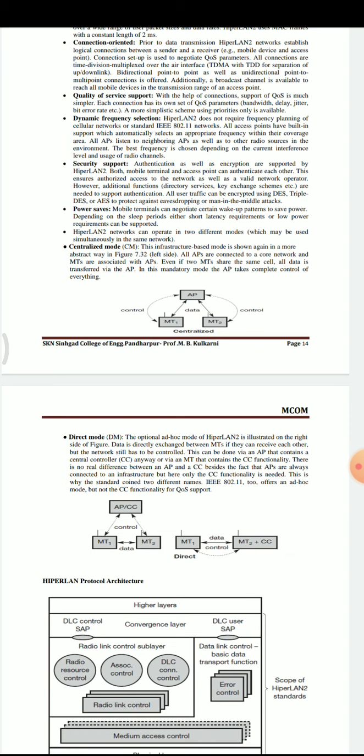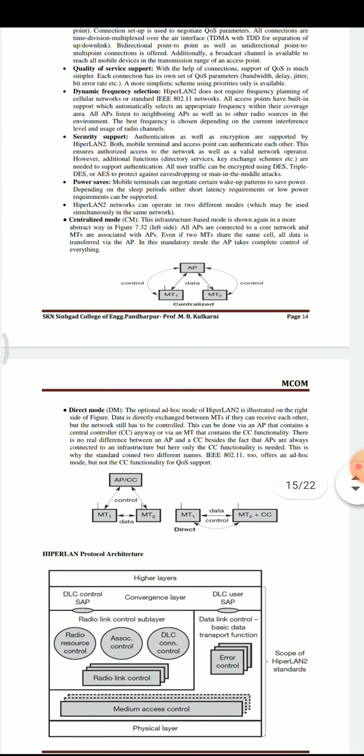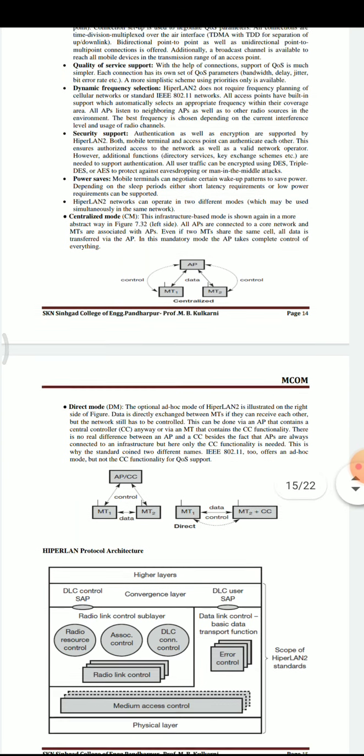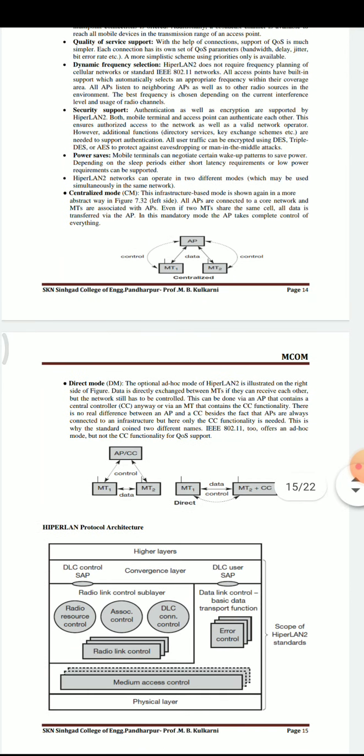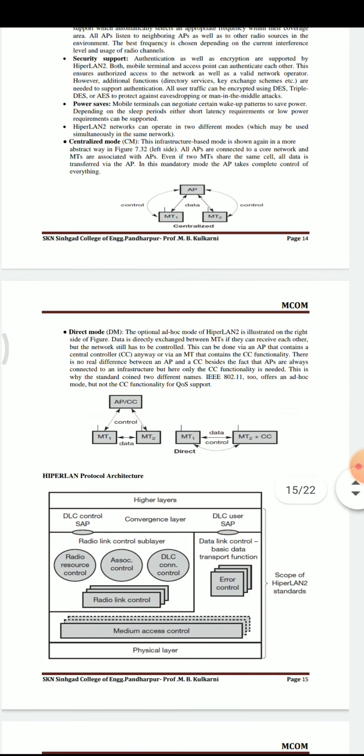Even if two mobile terminals share the same cell, all data is transferred via the access point. In this mandatory mode, the access point takes complete control of everything in the communication.